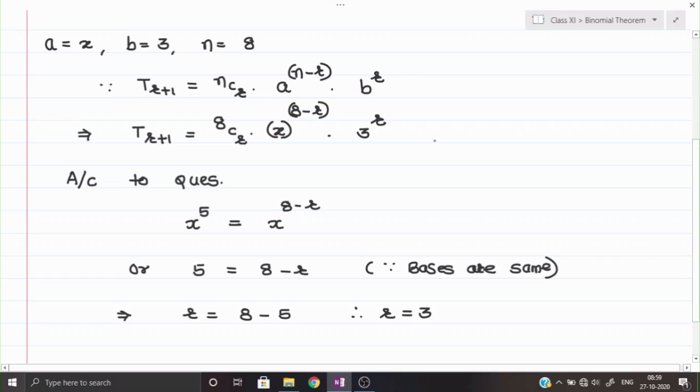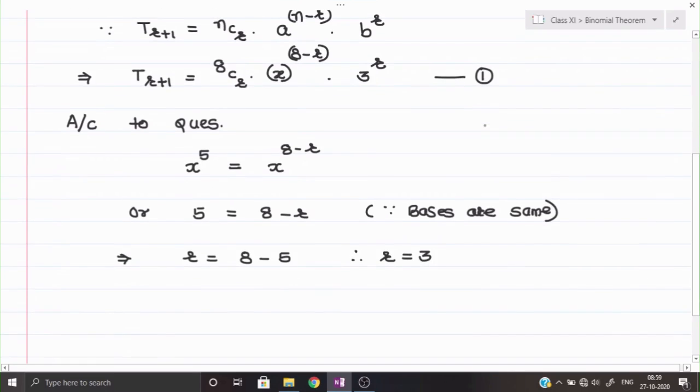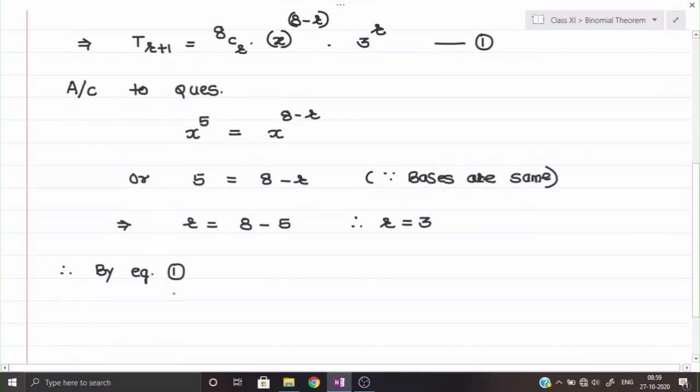Now this one we can use, as I told you, equation number 1. I am putting the value of r is equal to 3. So by equation 1, let us put the value of r is equal to 3 in that equation.